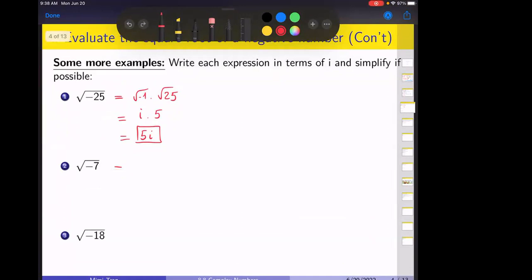My bad. How should I rewrite 5i? Yeah, 0 plus 5i. It has to be in a plus bi form, because it's complex. Okay. Square root of negative 7.